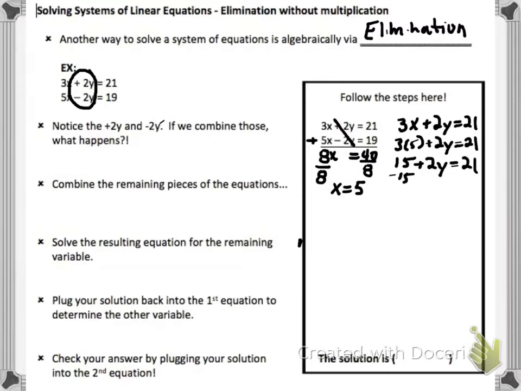Subtract 15 from both sides, and 2y is equal to 6. Divide by 2, and y will be equal to 3.